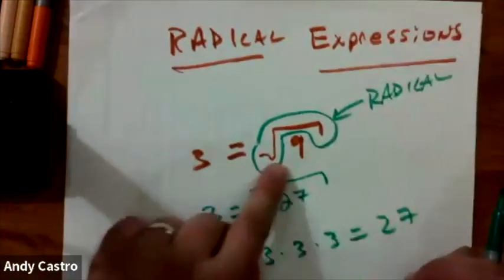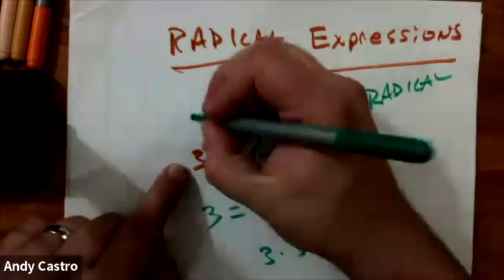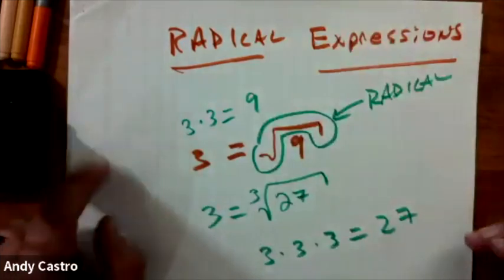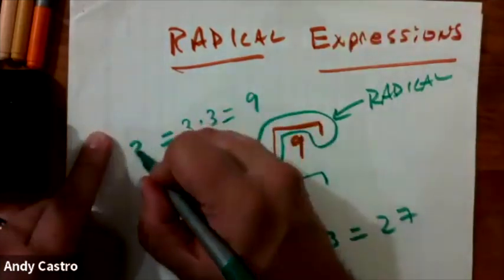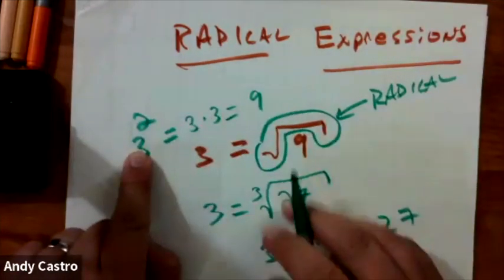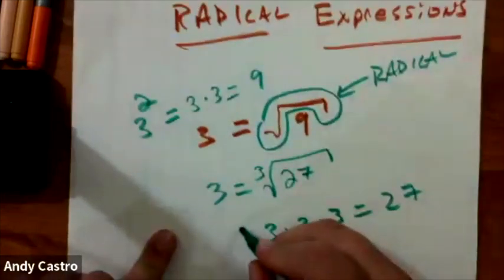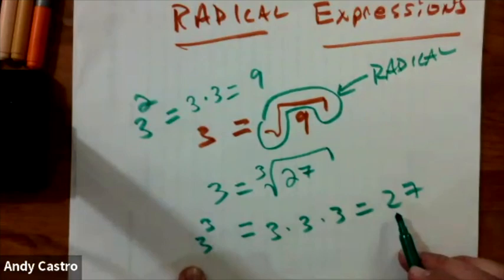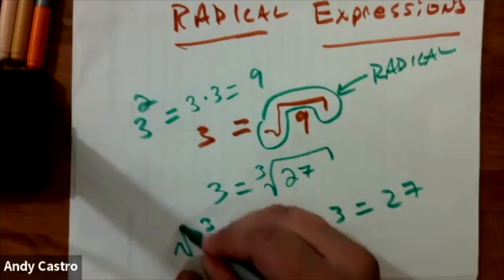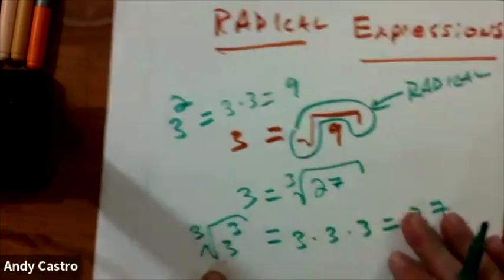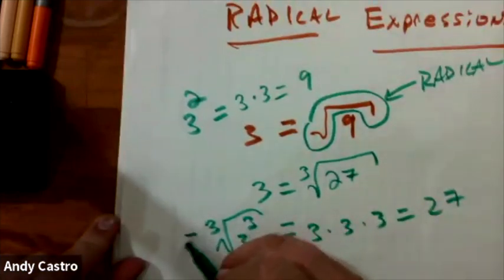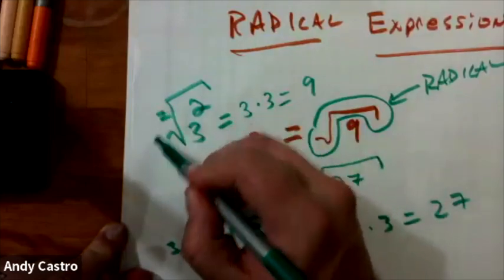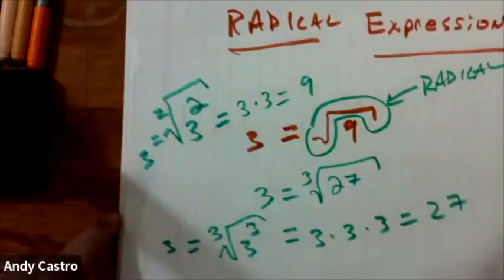Square root of 9 is 3. That means that 3 times 3 is 9. So if I have 3 squared, it's 9. If I have 3 cubed, it's 27. So the cubed root of 3 cubed is 3, and the square root of 3 squared is 3.